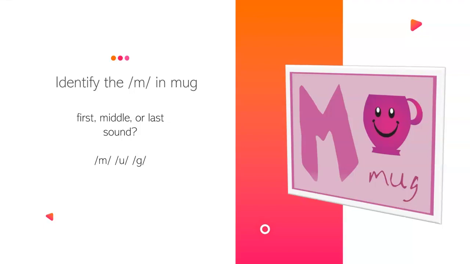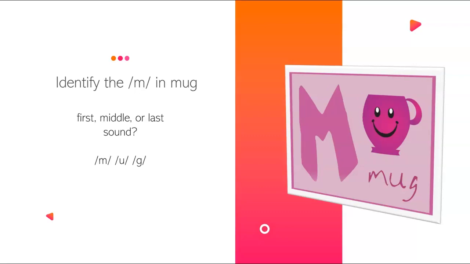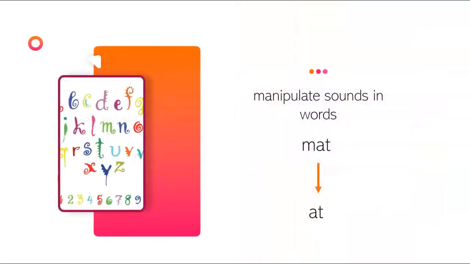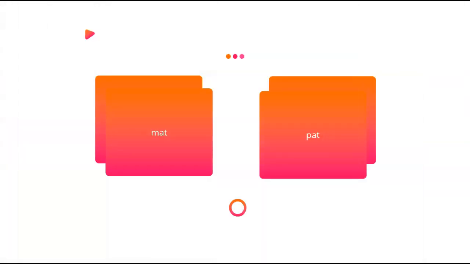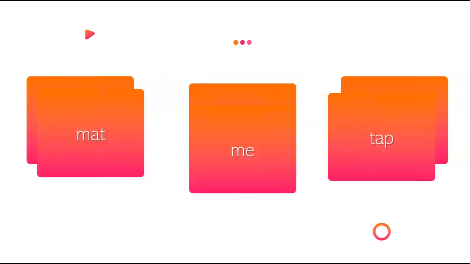Another skill is being able to manipulate or change the sounds in a word. For example, if I ask you to take away the first sound of the word mat, you would answer at. Or I could ask you to change the beginning sound of mat to a p sound, and you would answer pat. Phonemic awareness also includes being able to identify words with similar sounds.